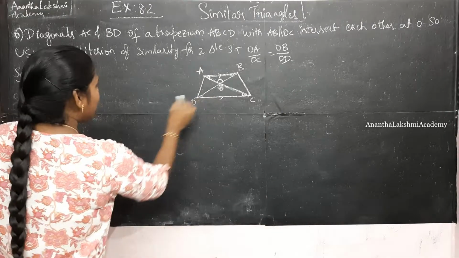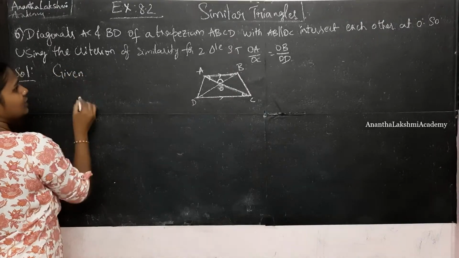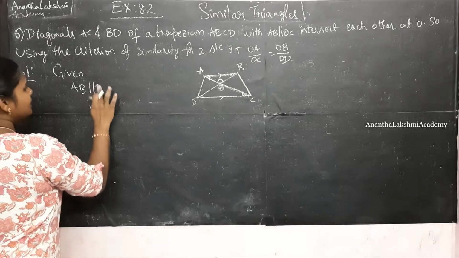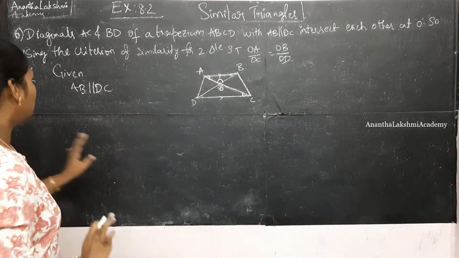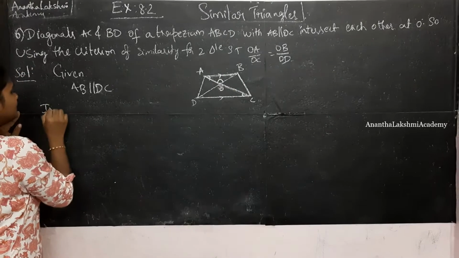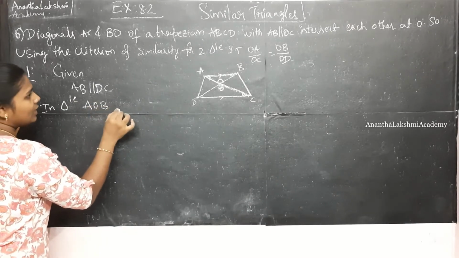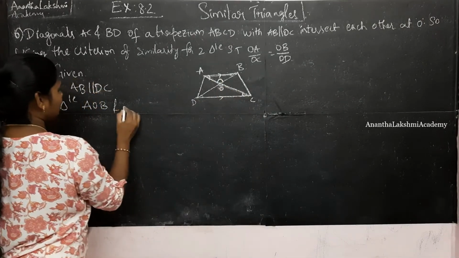Now, what is given for us? AB is parallel to DC is given, and AC and BD intersect at a point O. Now consider the triangles AOB and COD.